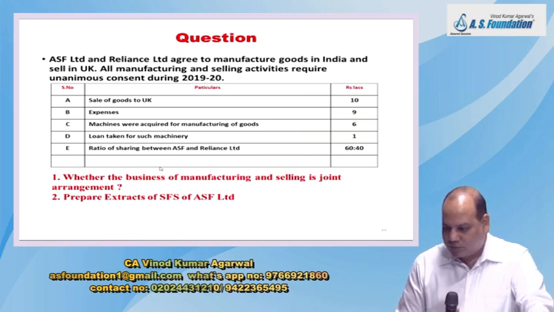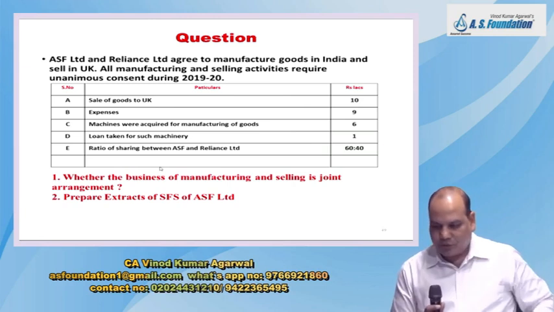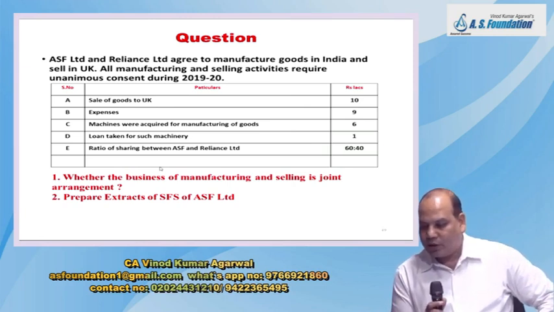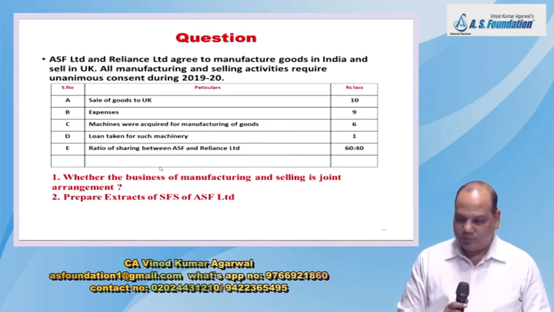Then some transactions are given: sale of goods to UK, expense, machines required for manufacture of goods, loan taken for such machinery. Ratio of sharing between ASF and Reliance is 60:40. Whether the business of manufacturing and selling is a joint arrangement, and prepare extracts of separate financial statements of ASF Limited.